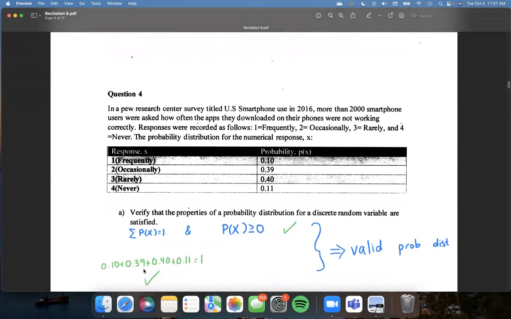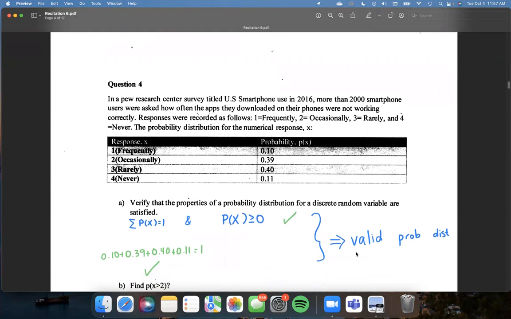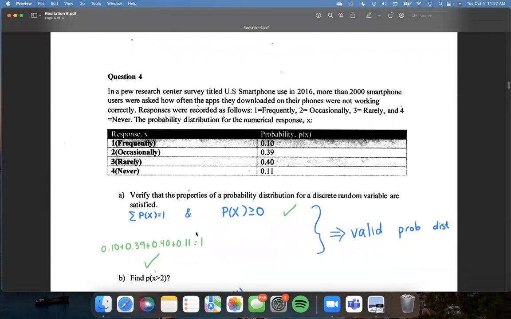So if we add all of these probabilities in the second column, we'll get that they do indeed equal 1. And notice that we don't have any negative probabilities. So that's good, check. So both of these are satisfied. So that means that we have a valid probability distribution. So we have verified those properties.